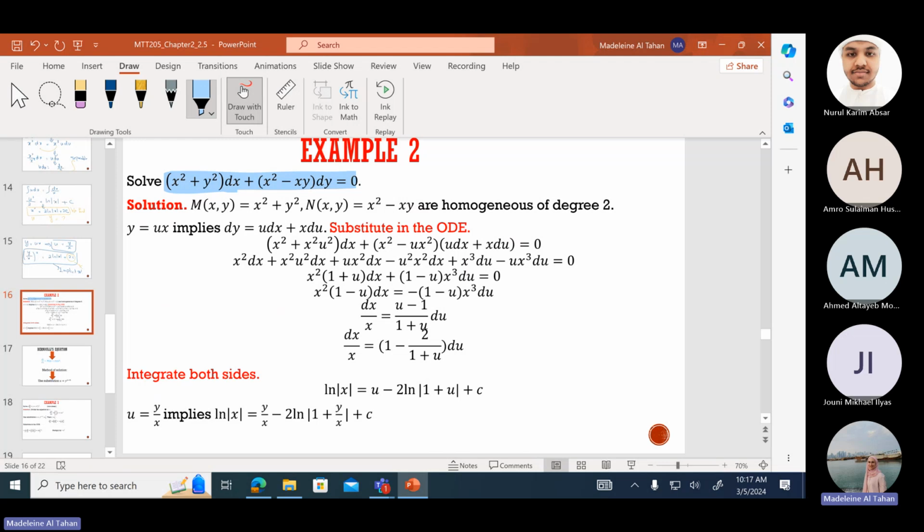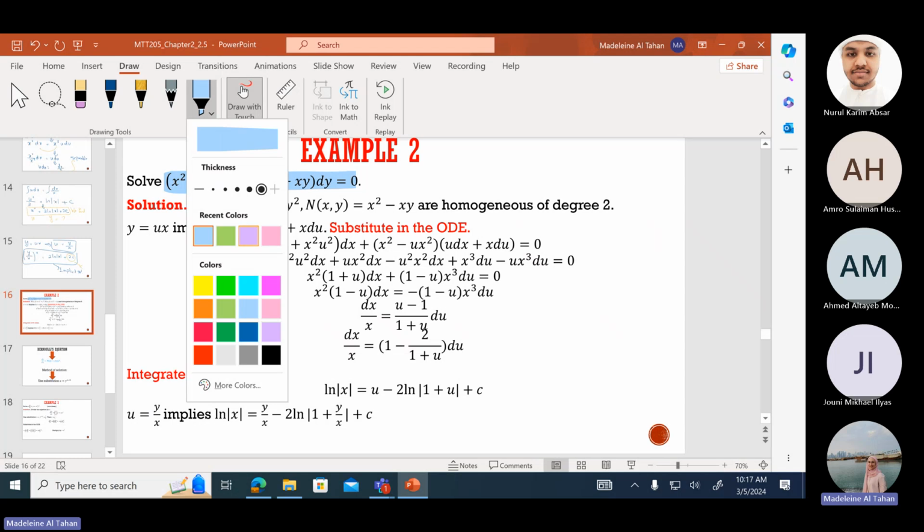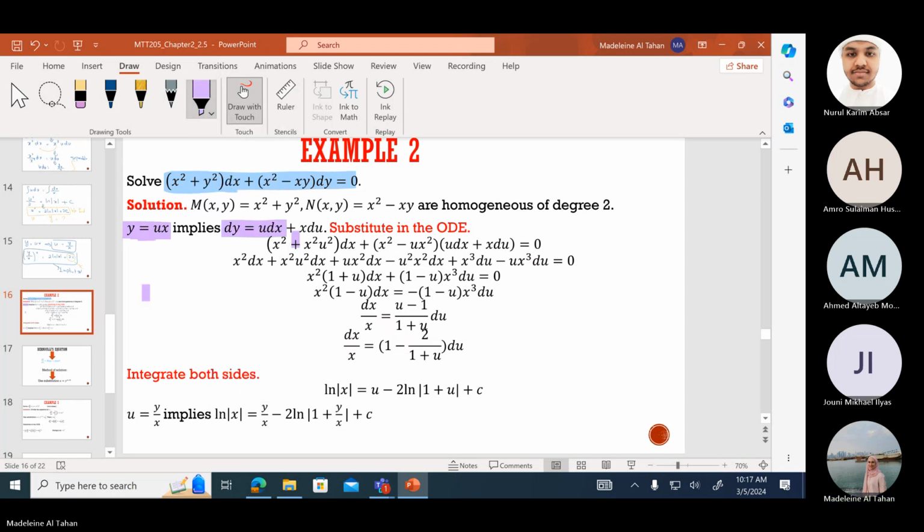Which degree? Two. How do we start? Y equals ux and dy is equal to... Did we make it all? Okay, after substituting, what did we get?